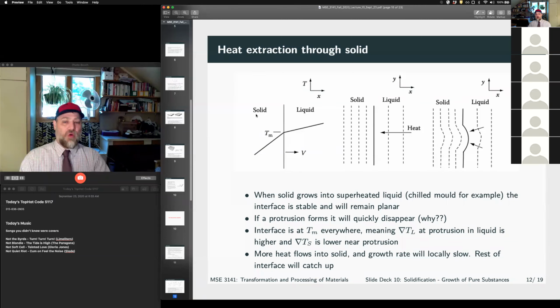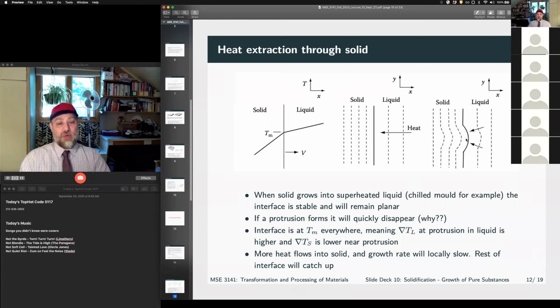Because the mold wall, our boundary conditions at the wall are fixed, and we have a constant temperature in sort of the center of the liquid, right? So we have a steeper gradient here, a shallower gradient here relative to the areas of the interface that are planar, right?